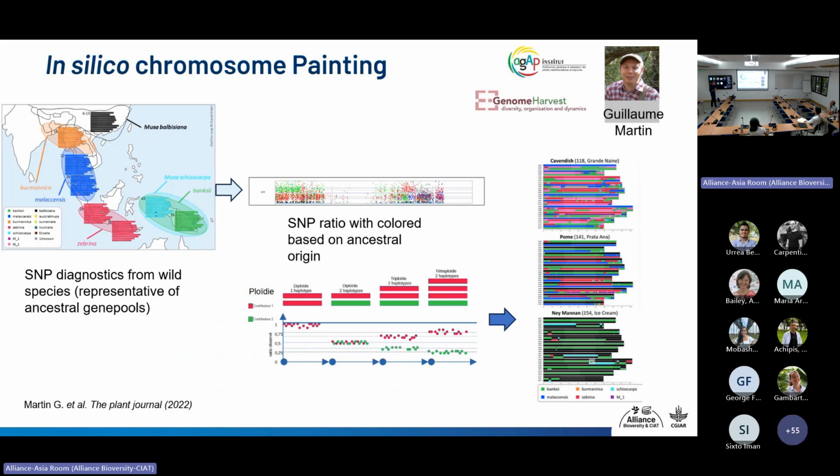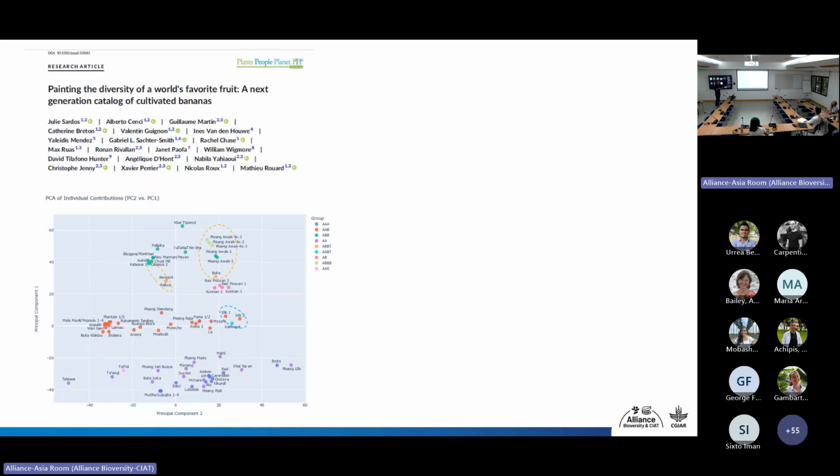So this work was very important, gave a lot of insight for domestication and also the molecular basis for recombination in bananas. But we wanted to go a bit further and to apply that to the international collection. So we screened a big sample in the collection, trying to get most of the diversity. And we could screen most of the groups that you can see here on the PCA, looking at the proximity between the different groups.